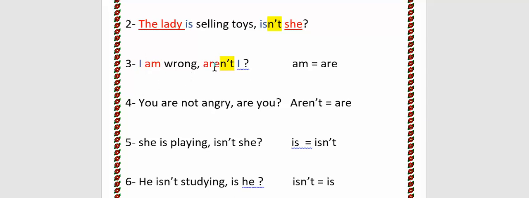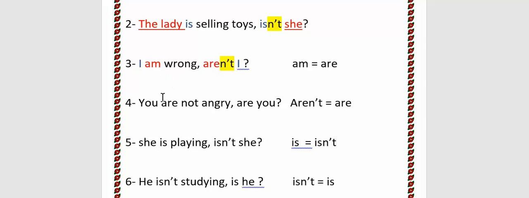Then not, because here is positive, affirmative. Then here changed to negative with I. Becomes are. But here without not, so the question is formed with not. I am wrong, aren't I?